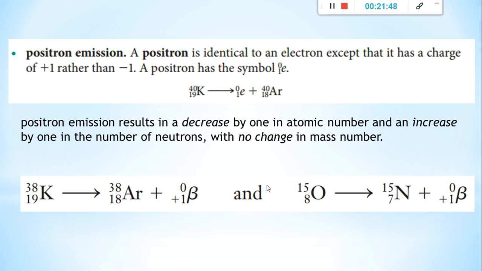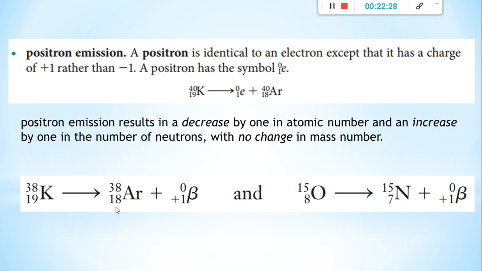We just need to balance the atomic number and mass number of each side of the nuclear equation. So what we just need to take note of is the charge and the symbol of each particle. So basically, a positron emission results in a decrease by 1 in atomic number and an increase by 1 in the number of neutrons with no change in the mass number.